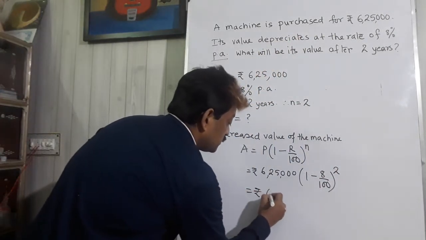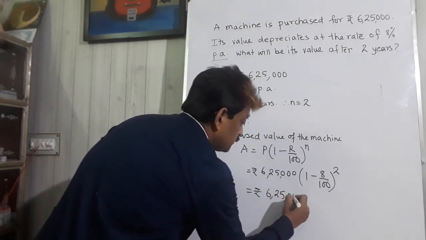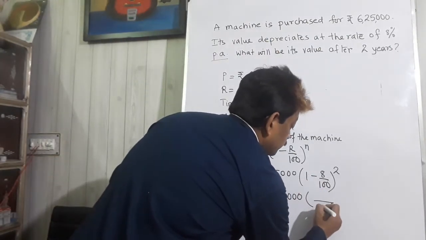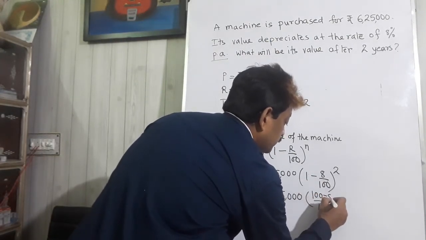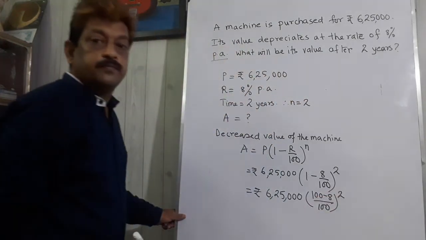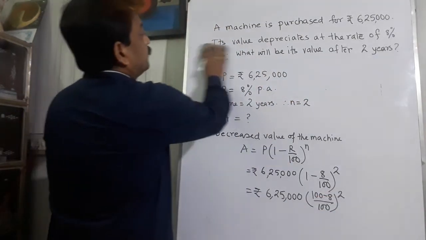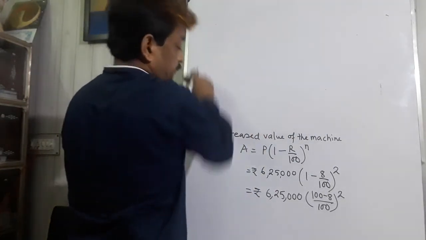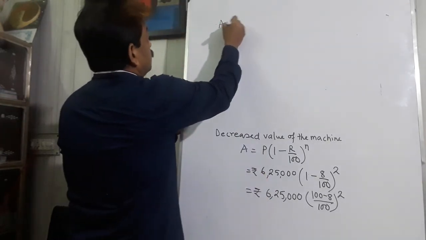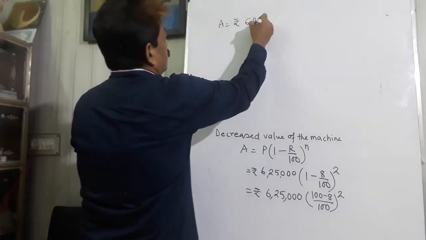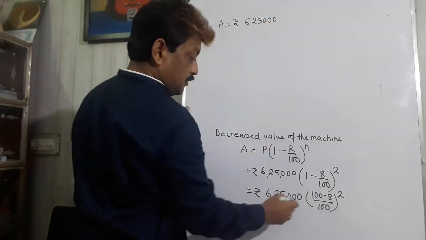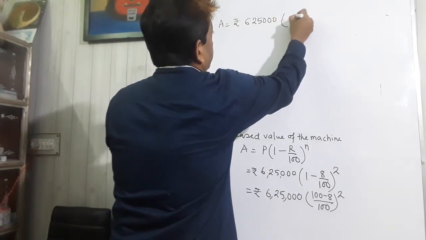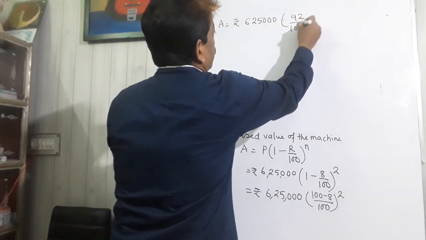So A equals rupees 6,25,000, and this value after LCM will be (100 minus 8) to the power 2. So A equals rupees 6,25,000, and 100 minus 8 is 92. So in the bracket, 92 by 100 to the power 2.